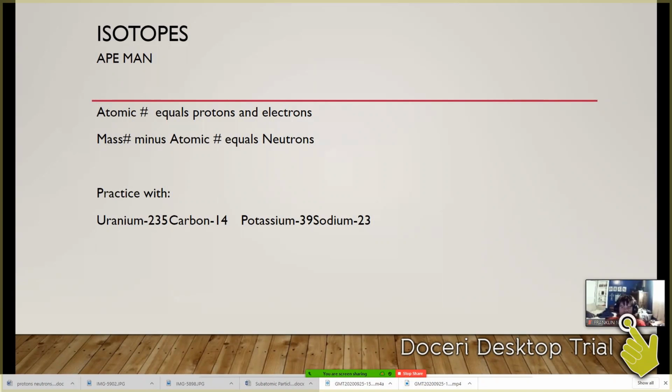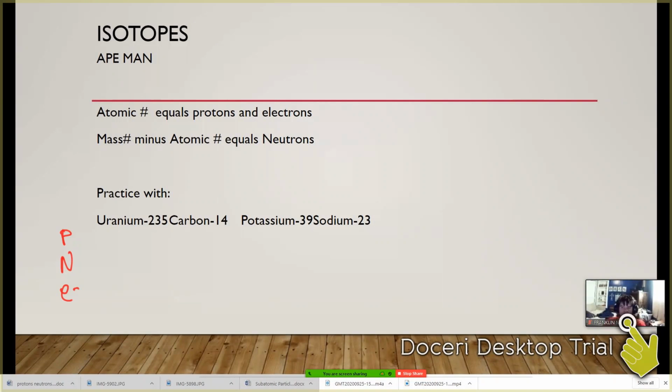So we'll start with uranium, and we're going to figure out how many protons, how many neutrons, and how many electrons. So uranium is a radioactive element. So it's in those two little pulled out sections at the bottom of your periodic table.